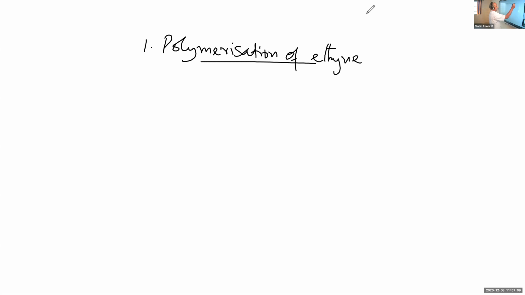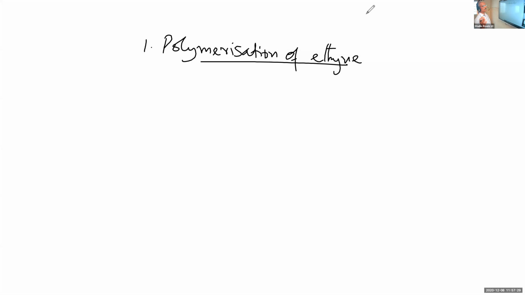One is the polymerization of ethylene or acetylene. You know what is polymerization? It's a combination of a large number of simple units forming a large molecule, a macromolecule.